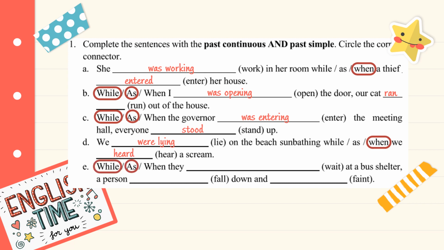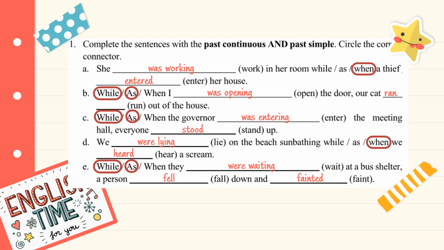While or as they were waiting at a bus shelter, a person fell down and fainted. So it's like this, grade 5. Past continuous, past simple. What comes before the past continuous? While or as. What comes before the past simple? When.